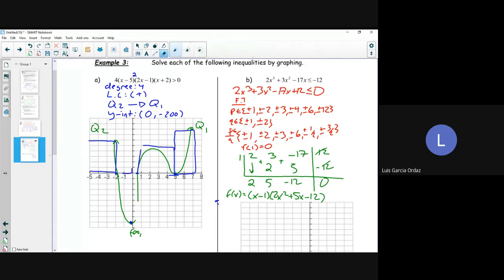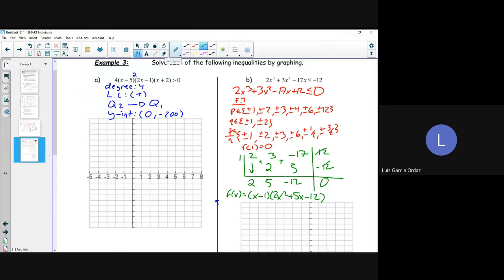I'm going to go over to this side because I'm running out of room. So we have our product of negative 12 and our sum of 5. So what two numbers give us negative 12 and add up to positive 5?